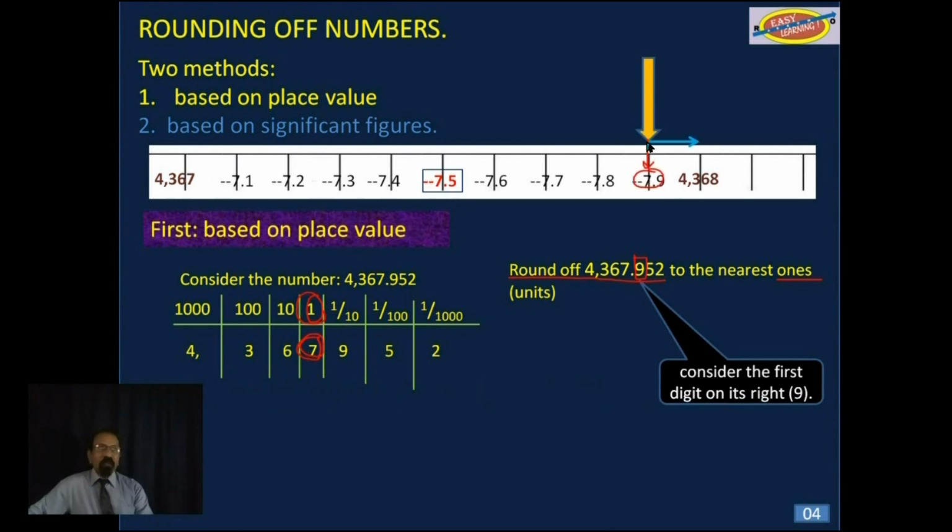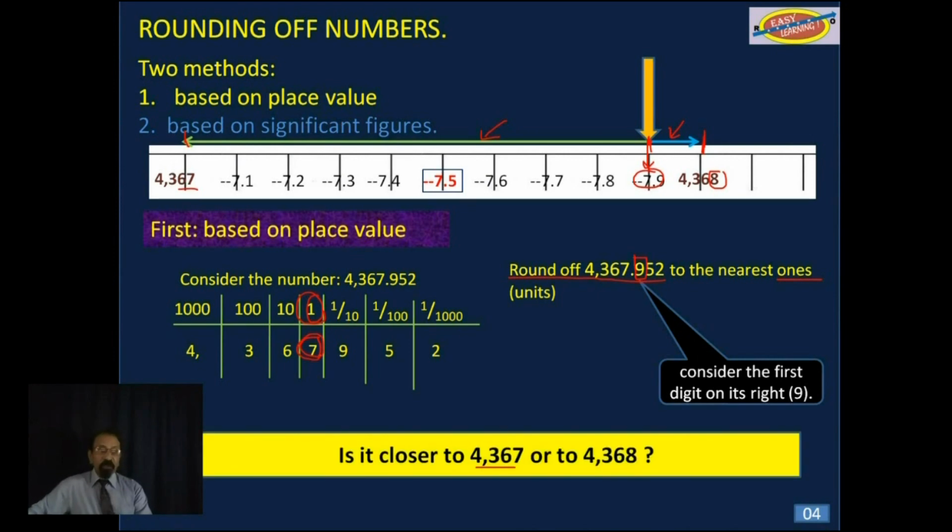So when we consider the distance from here to there and the distance from here to over here, you will notice that that green line is much longer than this blue line. Therefore, if we have to round it off to the nearest ones, it would be 4,368, because the number is closer to 4,368 than to 4,367.